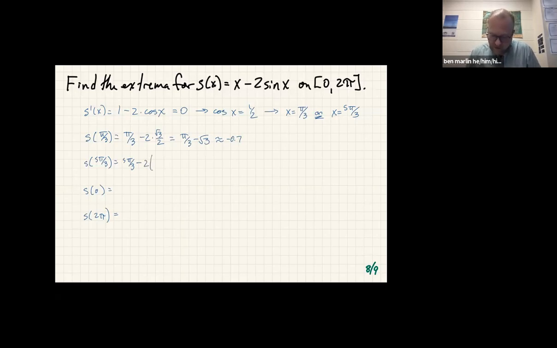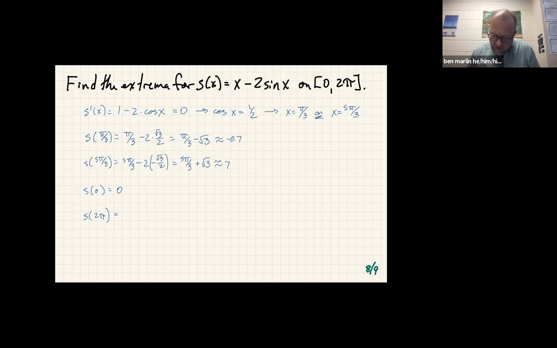All right, the sine of 5 pi/3 is negative square root of 3/2. So for this, we have 5 pi/3 plus the square root of 3, which I'm getting about 7, it's like 6.9 something. So then I'm going to plug in 0, and I'll just get 0.